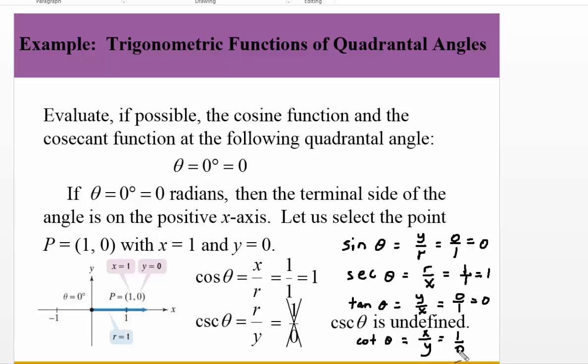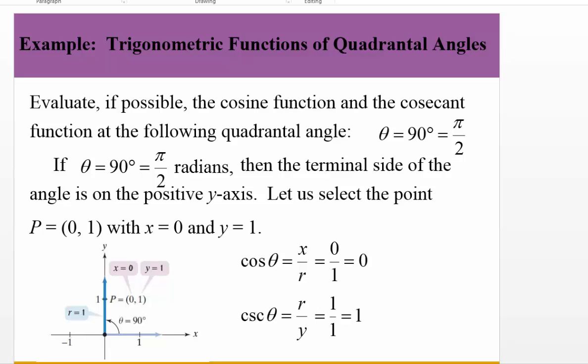Oh, there's that 0 in the denominator, and that one would be undefined as well. So the cotangent of theta and the cosecant of theta, when the angle is 0 degrees or 0 radians, are undefined.